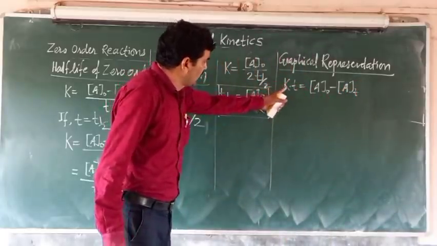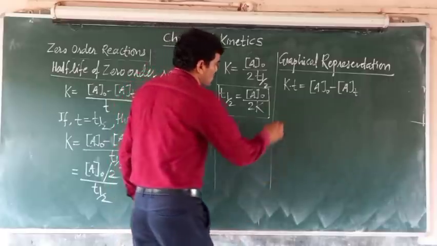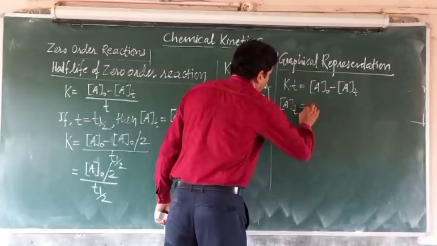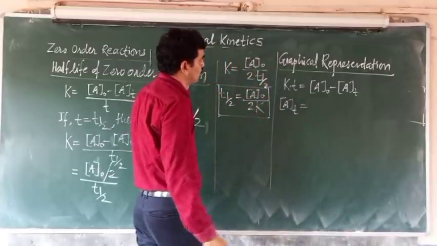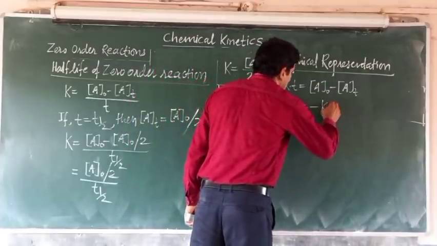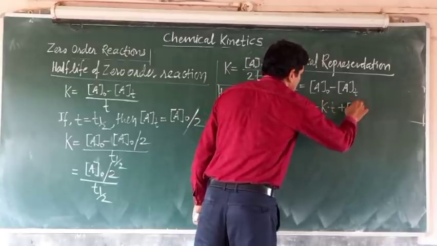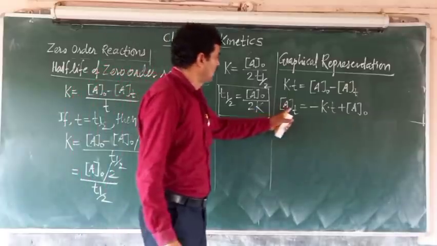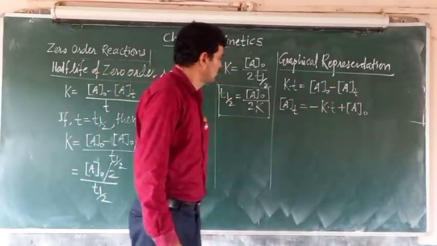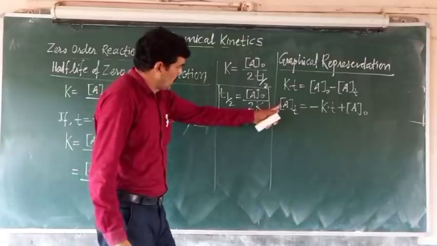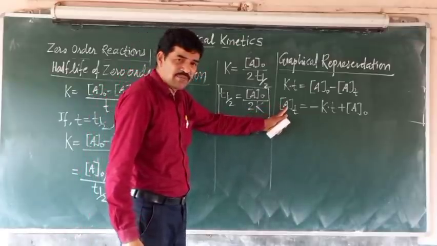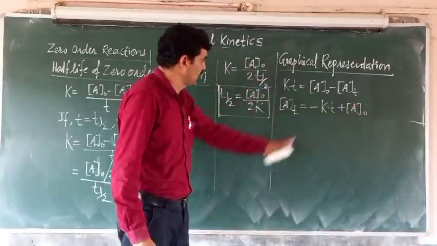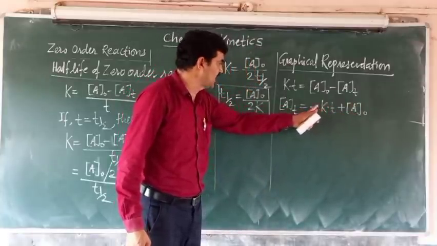We can rearrange it in this form: At equal to minus kt plus A0. In this equation, At represents the concentration of the reactant after time t, A0 is the initial concentration of the reactant, t is the time, while k is the rate constant.